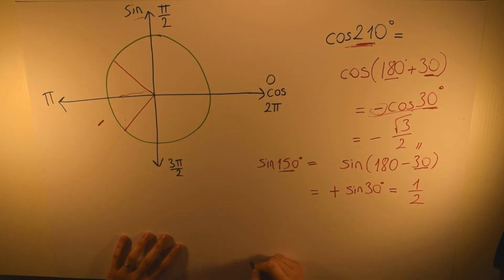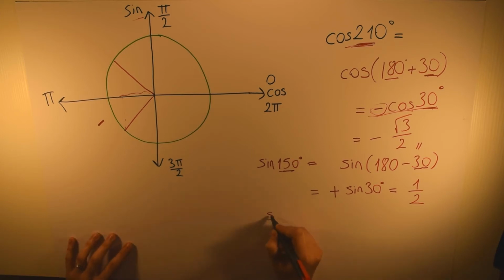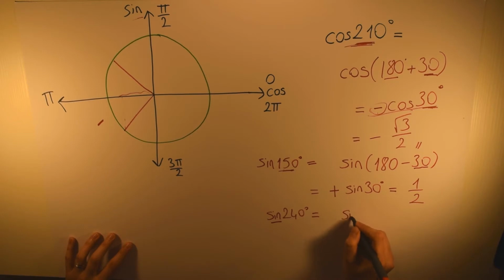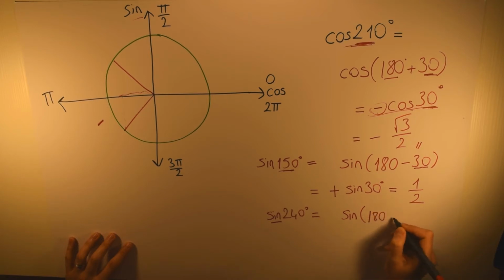Okay, so let's find, for example, sine 240 degrees. This is also sine, and it will remain as sine. Instead of 240, I can write it as 180 plus 60, right? This is equal to 240.